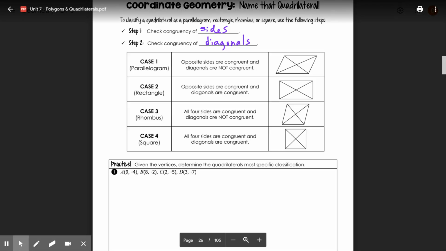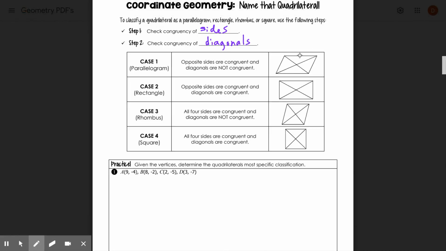For a parallelogram, you must have opposite sides that are congruent, and these diagonals are not congruent. For a rectangle, you would have opposite sides that are congruent. So these are congruent and these are congruent, plus your diagonals are congruent as well.